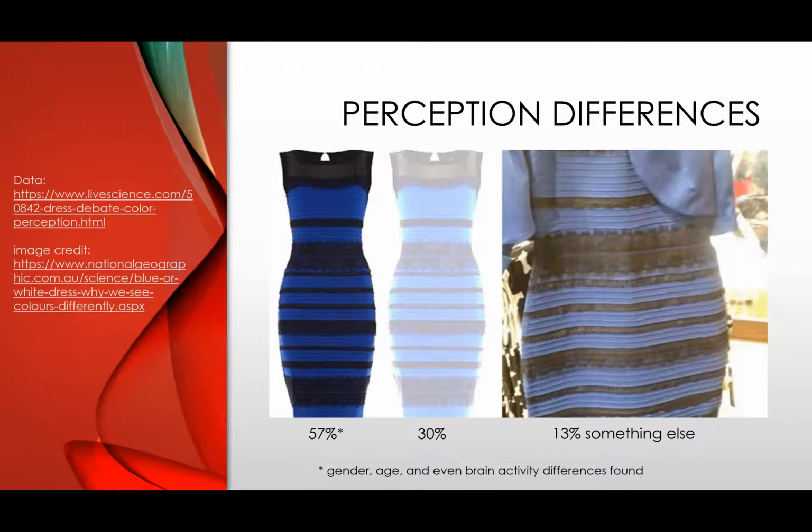There's about 30% that see it as white and gold. And then there's 13, maybe 15%, let's say they see it as something totally different. Now, we're all analysts here, and so yes, definitely the demographics like gender or age, and even brain activity can be a factor. I'm solidly in the white and gold camp, so fair warning.